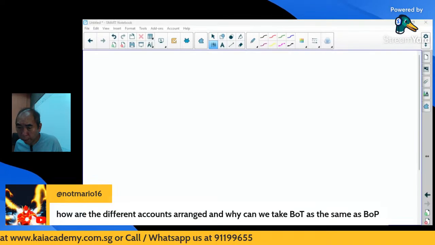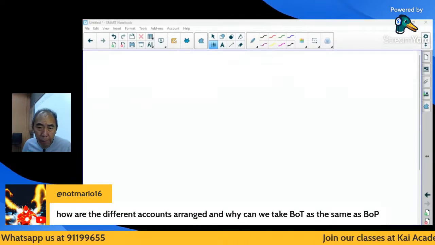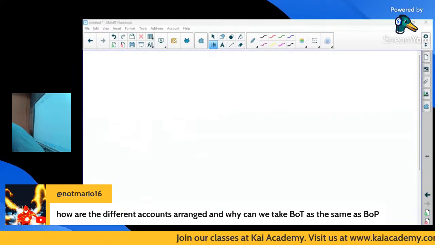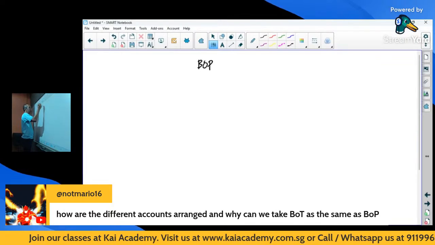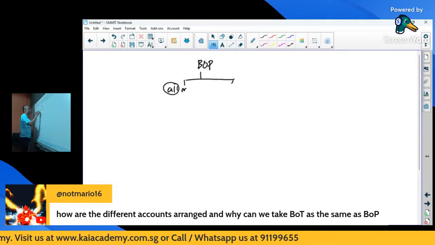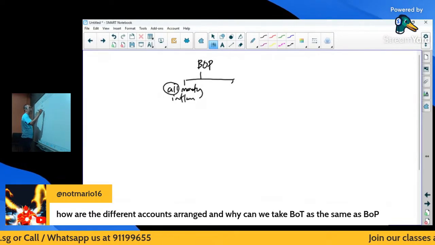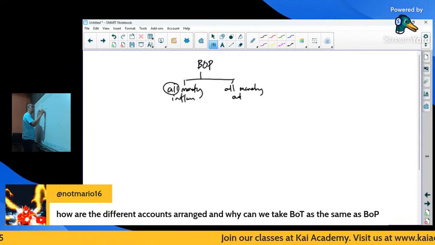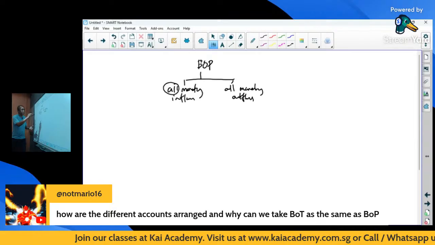How are the different accounts arranged, and why can we take BOT as the same as BOP? You can't, right? Technically you can't. The balance of payments of a country measures all monetary inflows and all monetary outflows, so money that comes into a country and money that leaves the country.